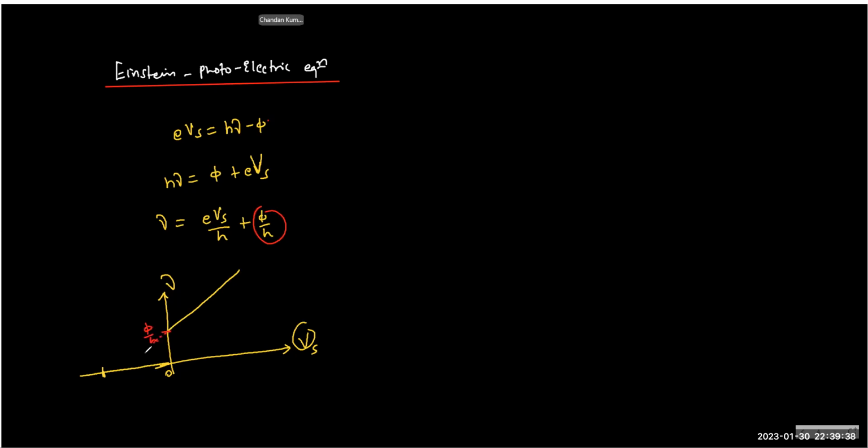And if you extend the line, you can see when the Vs is touching some negative axis. So you can find the slope here. So slope is how much? E by H. So this value is how much?